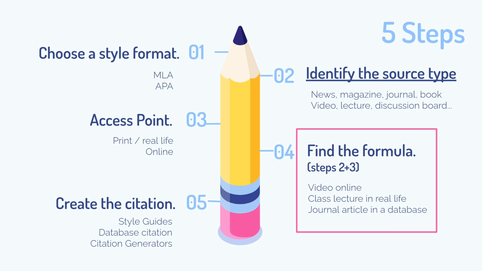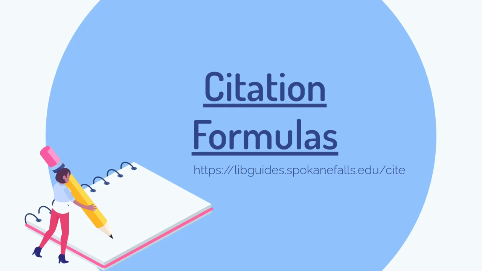Or maybe it was a journal article that I saw in a database. Once I've identified that formula, okay, actually, how do we go about finding those formulas? Okay, so now that we know we're looking for a video online or journal in a database, how do we actually find the formula? And so once again, don't forget we have that citation guide that you can go to.